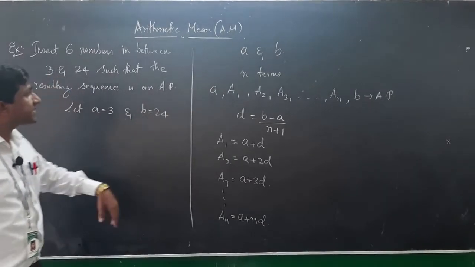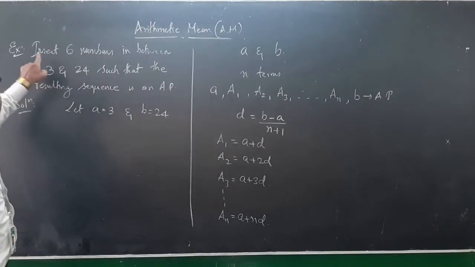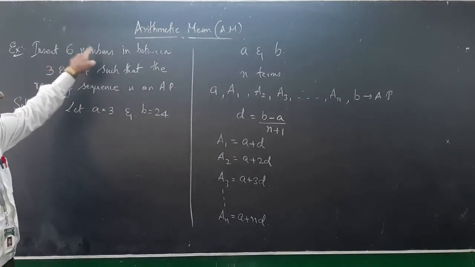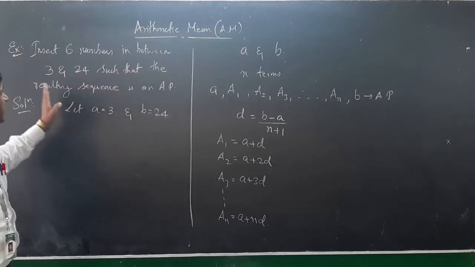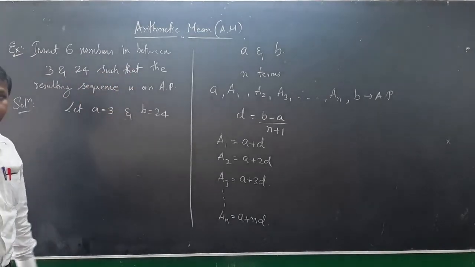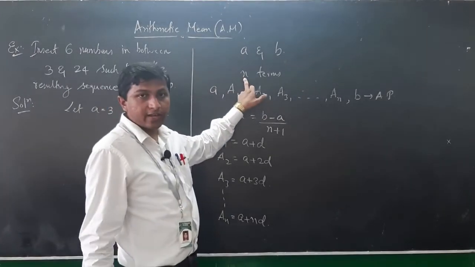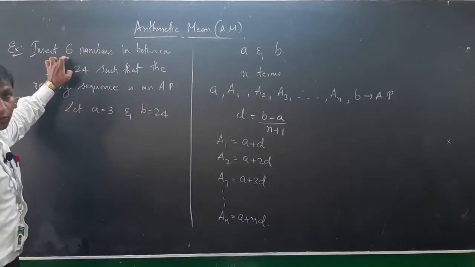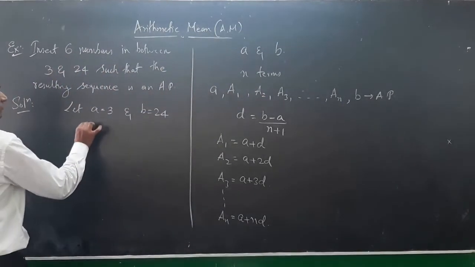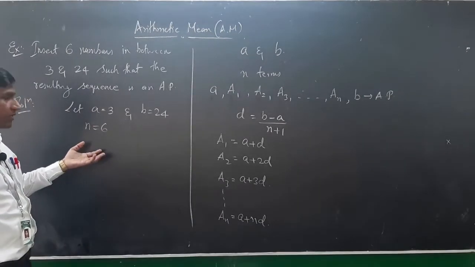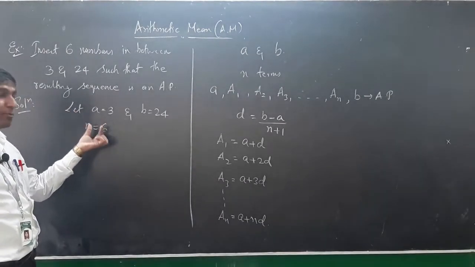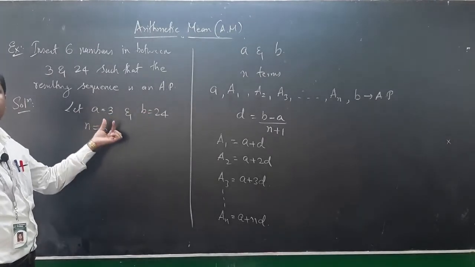We need to insert how many terms? Look at the question. Insert 6 numbers in between 3 and 24 such that the resulting sequence is an AP. So the value of n will be equal to 6 because we have to insert 6 numbers in between 3 and 24.